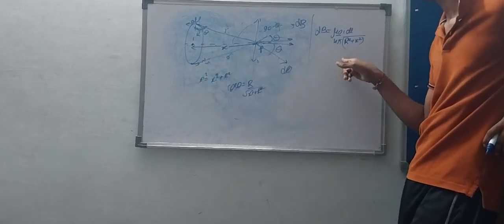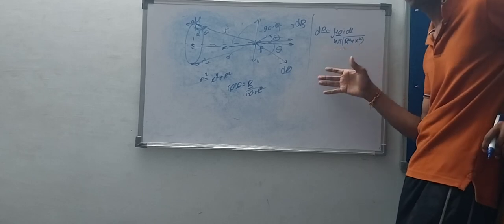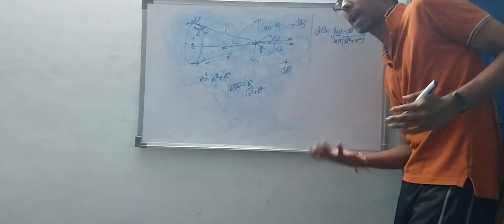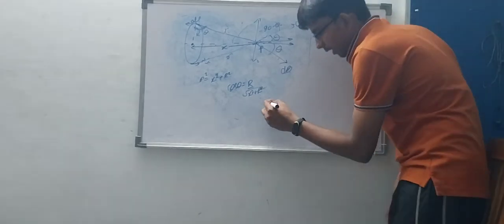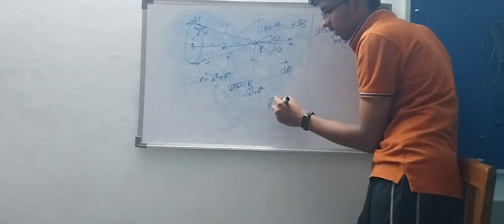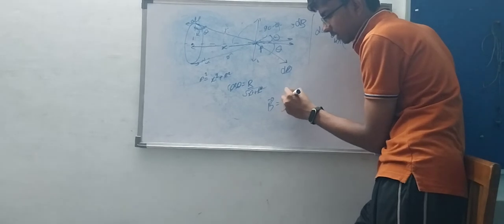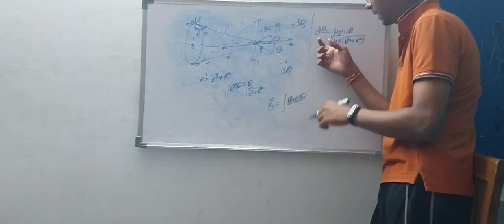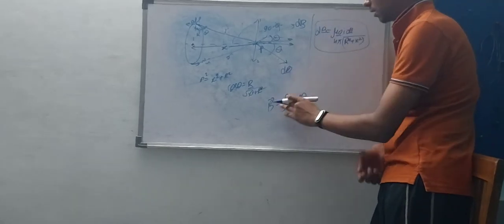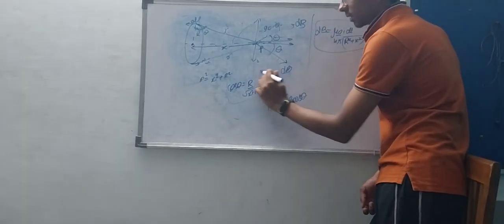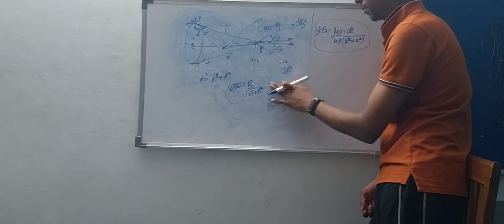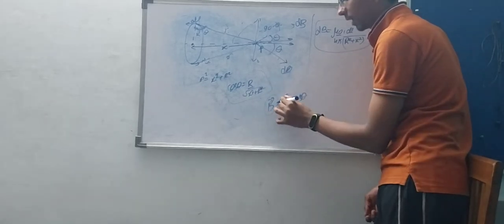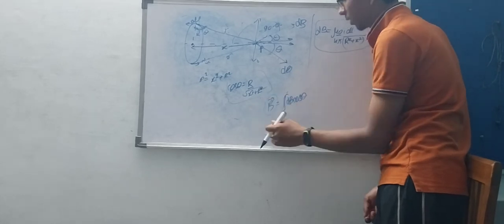Now we know that since there is no sine theta component, our final magnetic field is only the integration of dB cos theta. We know our dB is this, and we know the cos theta is this. When we multiply both, we can find our final magnetic field after integrating their product.